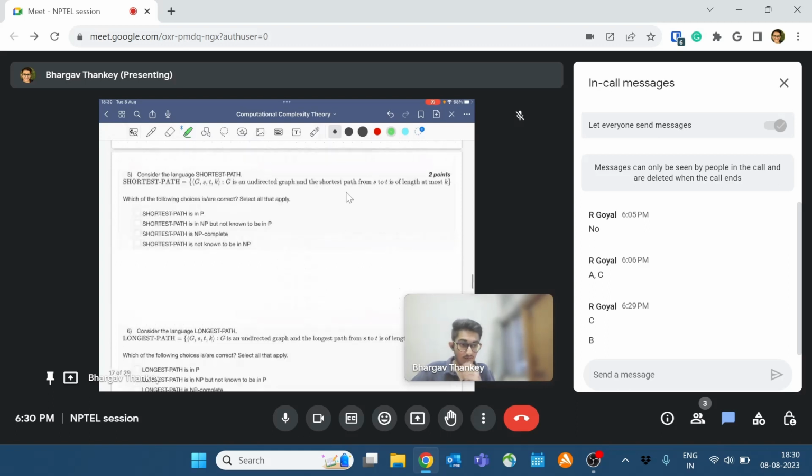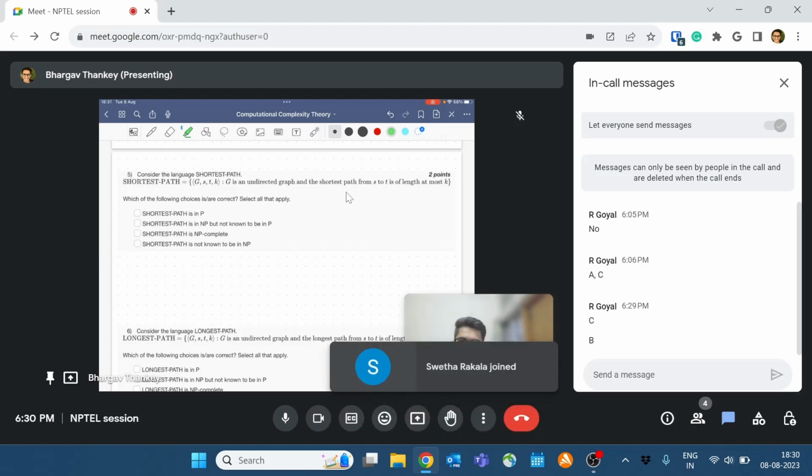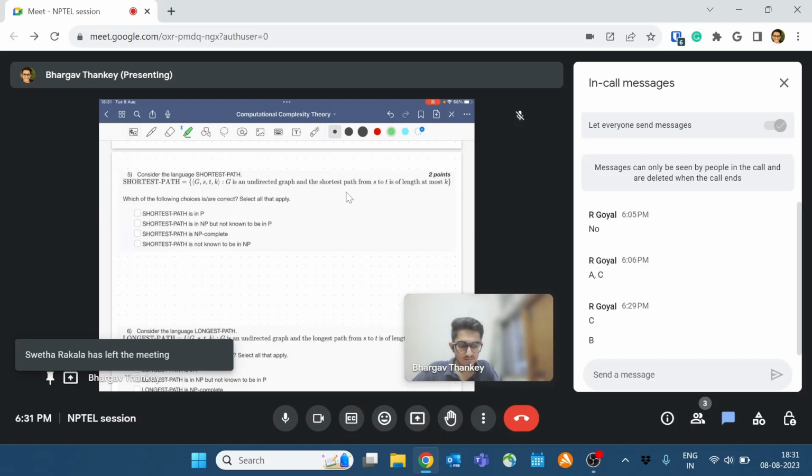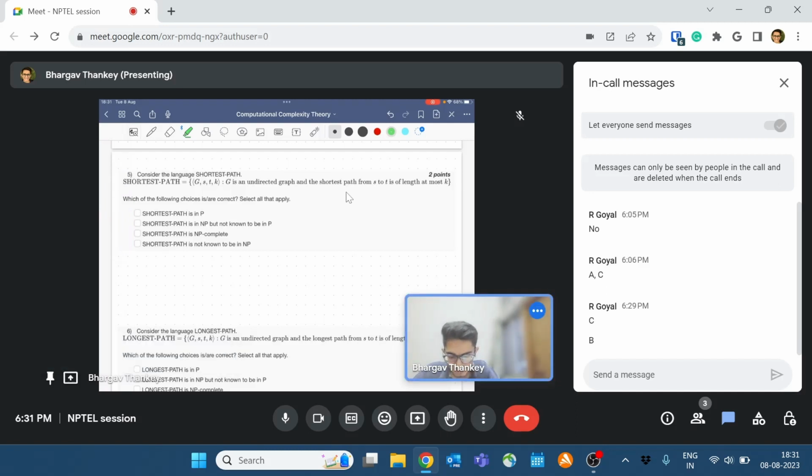So here the question is of at most K. Actually, in this case, it won't matter whether it's at least k or at most k. If it doesn't make a difference, then option A is correct, that it is in P. Yes, option A is correct.